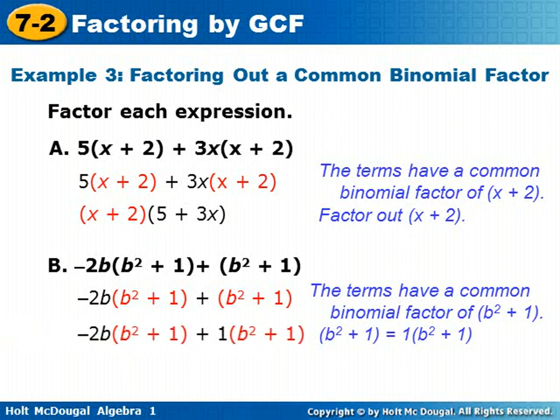For this example, it is helpful to write it because when you factor out, you don't want to forget that there will be a 1 left over. So we factor out b squared plus 1, and we get b squared plus 1 times, in parentheses, negative 2b plus 1.